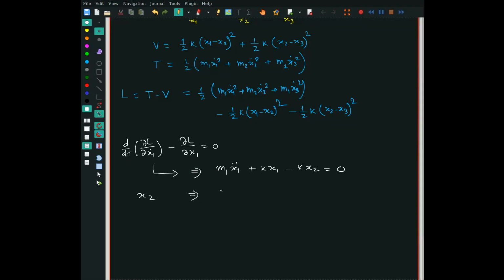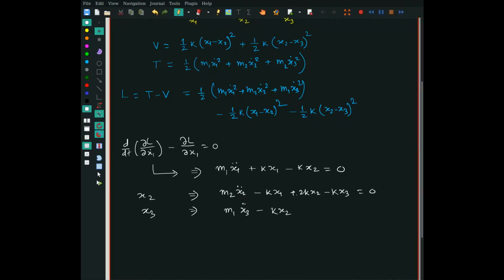It would be m2 x2 double dot, if I am doing it correctly in my notes, minus k x1 plus 2k x2 minus k x3 equals 0. And for x3, it would be given by m1 x3 double dot minus k x2 plus k x3 equals 0.